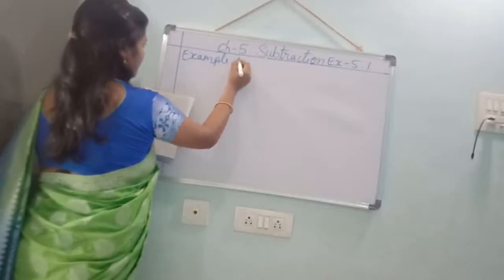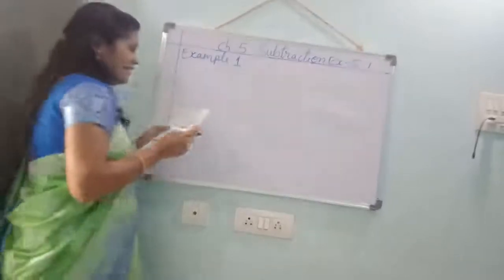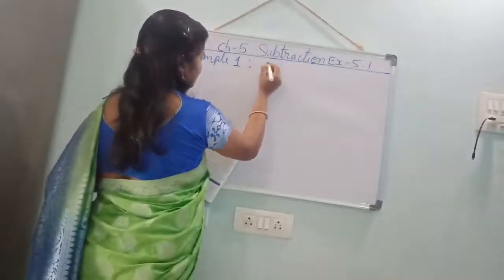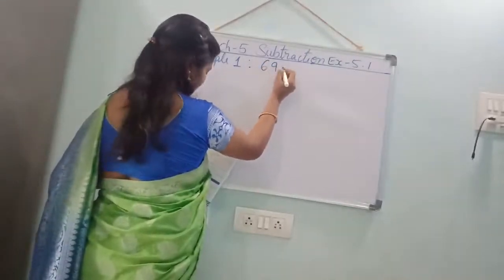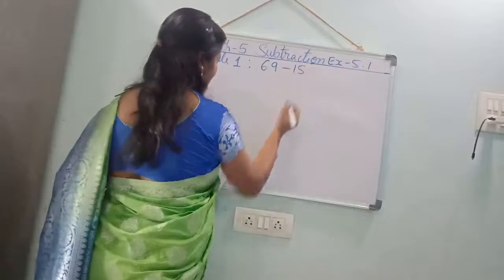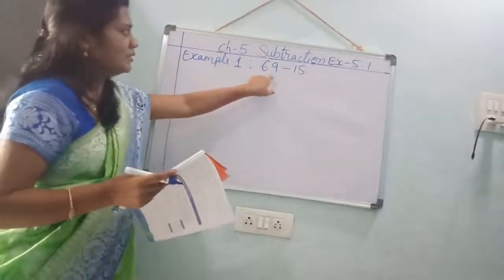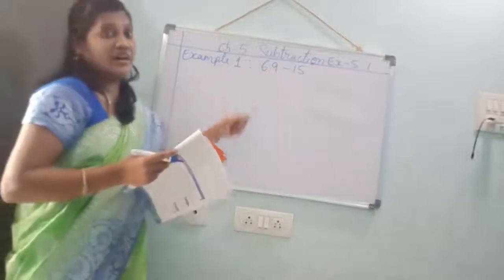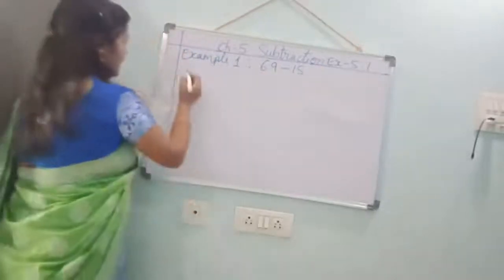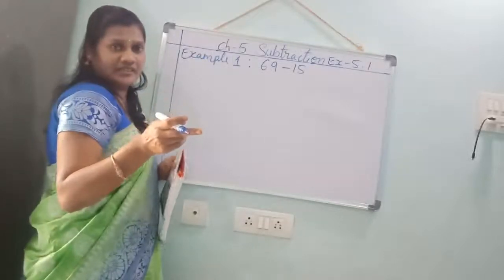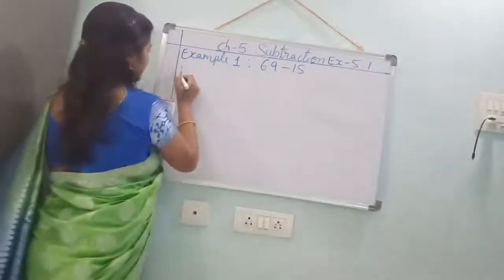Example 1. Estimate the difference. What is that? 69 minus 15. First of all, what you have to do? You should estimate these numbers by rounding off. You know, already we did in the addition sum as rounding off.